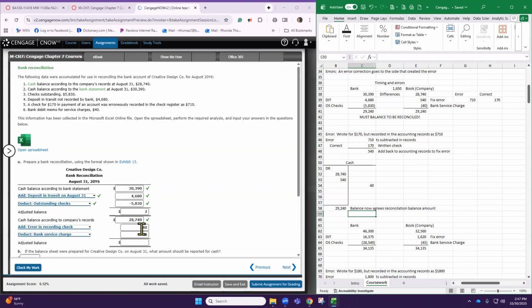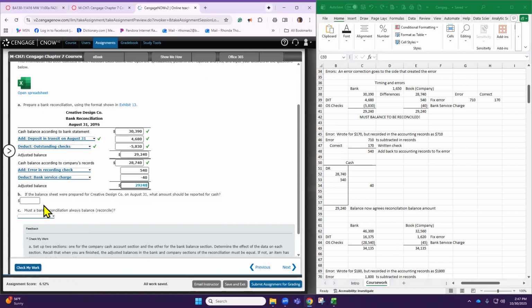And that's the point of doing this. All right, so now we have 29,240. If the balance sheet were prepared, what amount would we report for the cash balance? We would report 29,240.